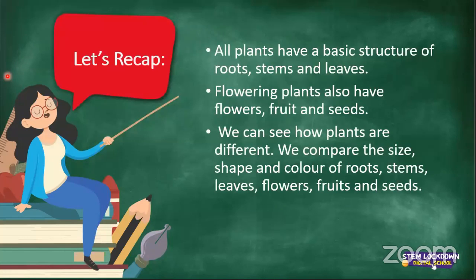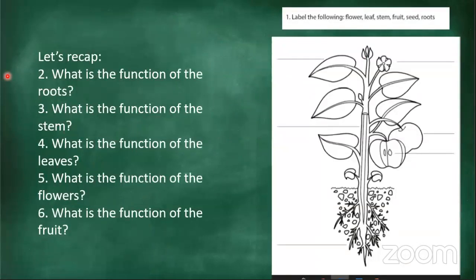Okay, we can see how plants are different. And when we do that, we compare the size of the plant, the shape, the color of roots, stems, leaves, flowers, fruits, and seeds. So when someone asks you to compare two plants, that is what you'll be looking at.